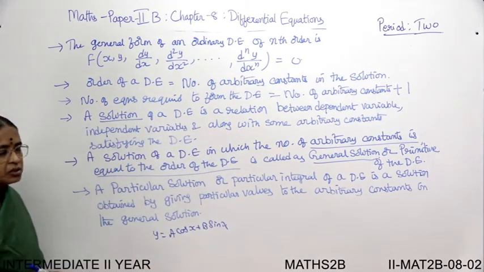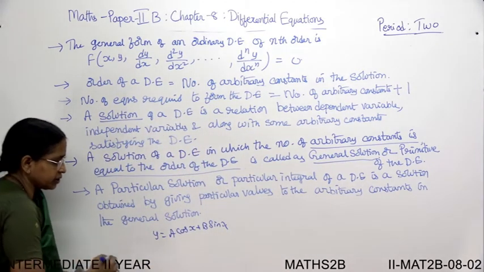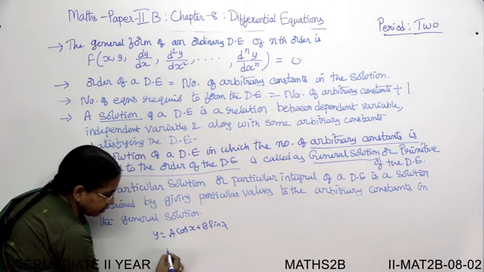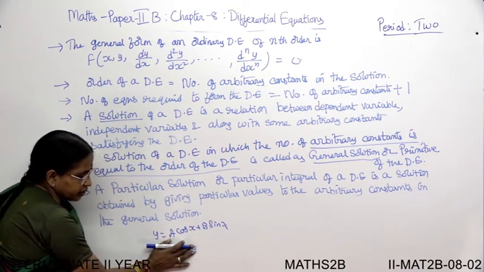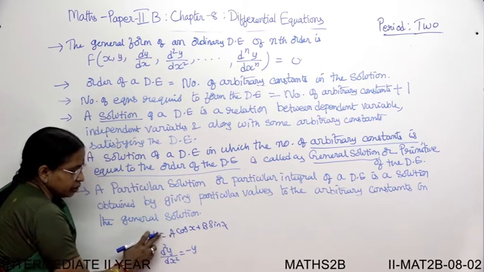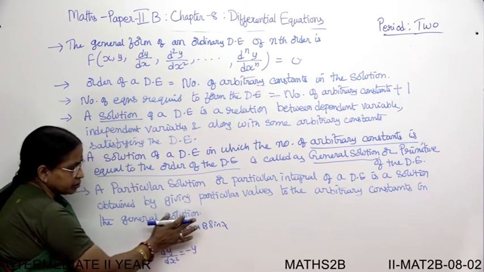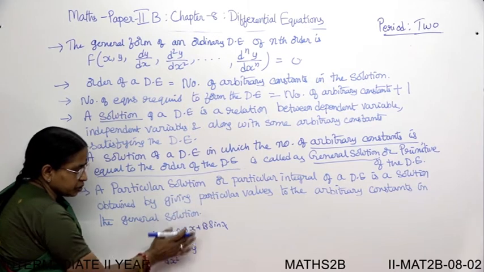General solution is also called the primitive of the differential equation. You have seen d square y by dx square is equal to minus y we got. For this equation, this is the solution. It has two arbitrary constants, so we say that it is a general solution.